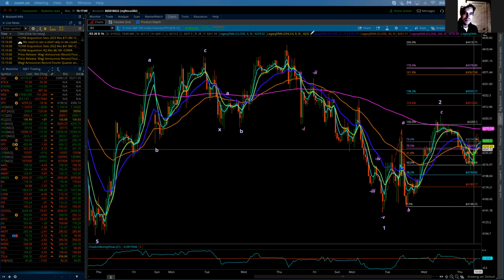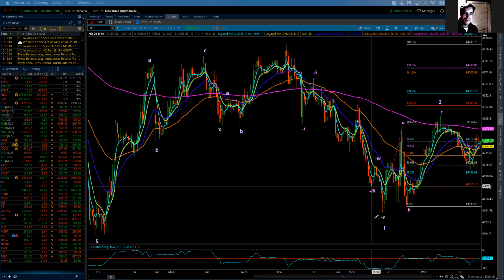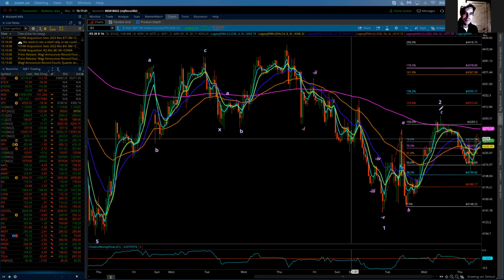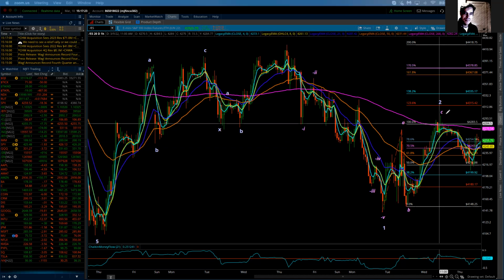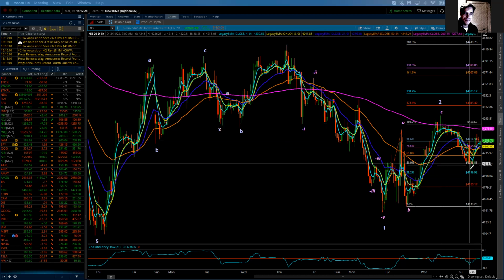The only thing it cannot do as a wave 2 is break above 44.19. Now, this would be still a 3-wave structure labeled as ABC, but this would have to be ABC down.